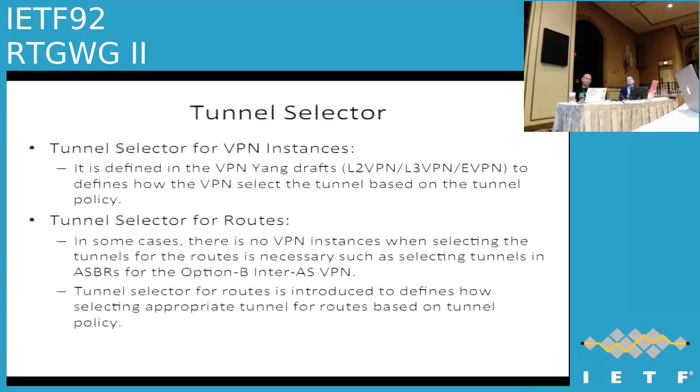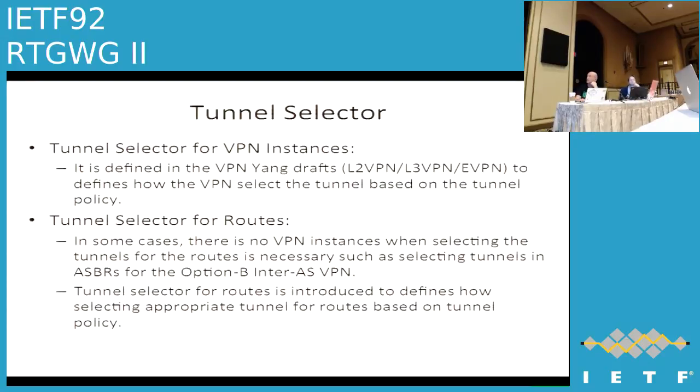But even here, we want to choose the appropriate tunnel to transfer the traffic from one ASBR to another ASBR. So it has to introduce the tunnel selector for VPN routes. So here, this tunnel selector for the routes is introduced to define how to select the appropriate tunnel for the VPN route. Okay, next slide.